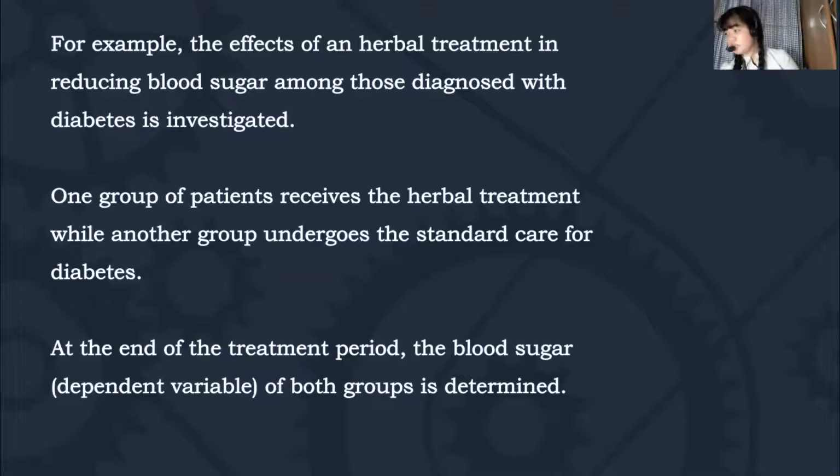So for example, now we have group 1 that will be treated using herbal treatment. Group 1, which is a group of patients with diabetes, is treated using herbal, while group 2 is treated using standard care.